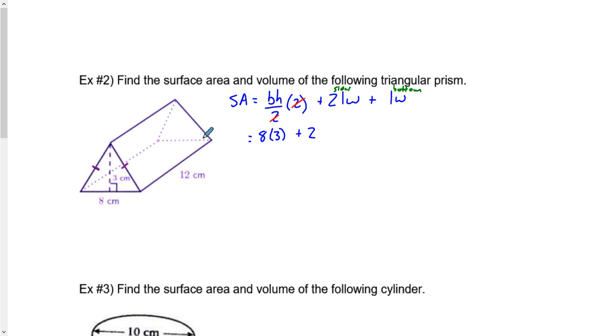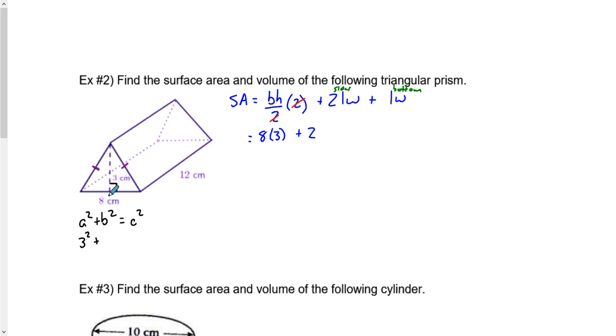For these 2 rectangles here, we don't have this side. Shucks, I guess we've got to do some work. It's fantastic that it says it's a right triangle, which means we can use our Pythagorean theorem to find the hypotenuse. It doesn't matter whether it's the 3 or the bottom, but we know this entire side is 8.